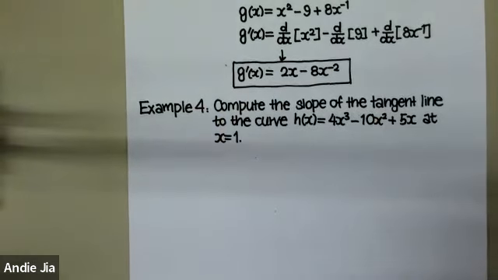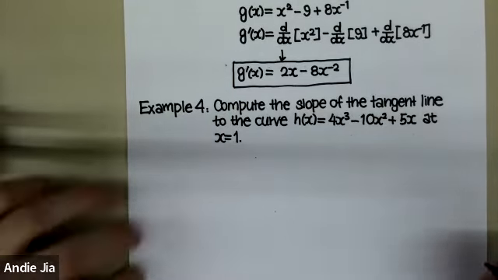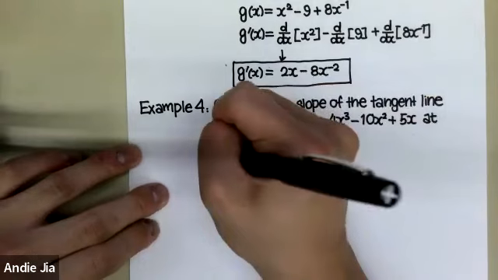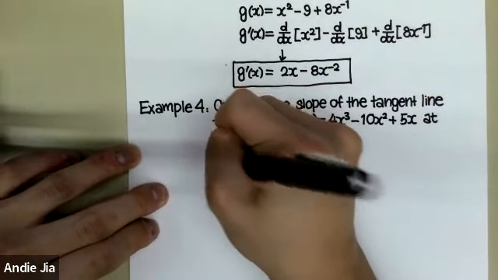So in this case, we need h prime of x and h prime of 1. So we just need to compute what h prime of x is.